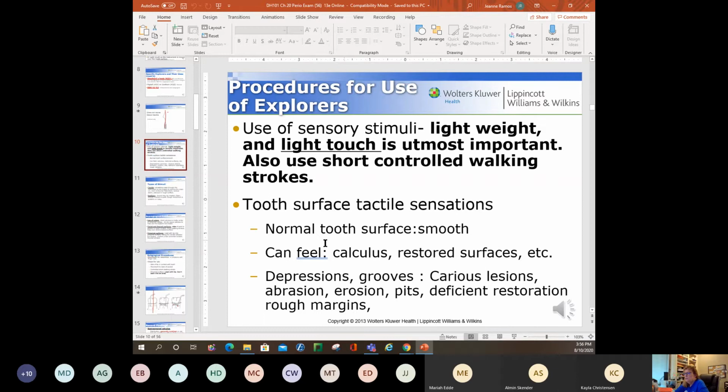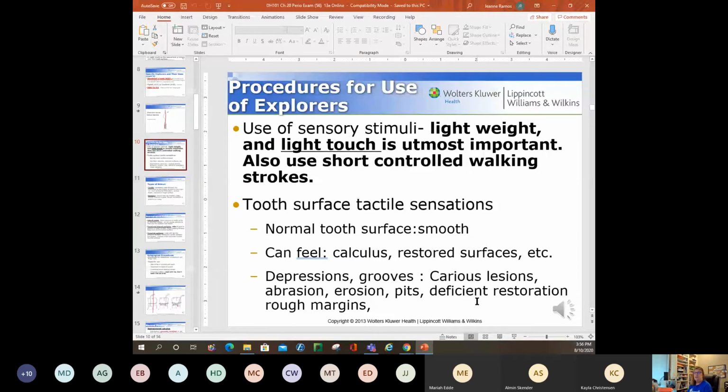Tactile sensations on normal tooth surfaces should be smooth. If it's rough, you can feel calculus bumps, you can feel restored surfaces, etc. You can feel depressions and grooves. Sometimes you feel grooves where you can tell that somewhere they got their teeth cleaned by someone who really went to work on them with an instrument, because you feel a groove subgingivally that shouldn't be there.